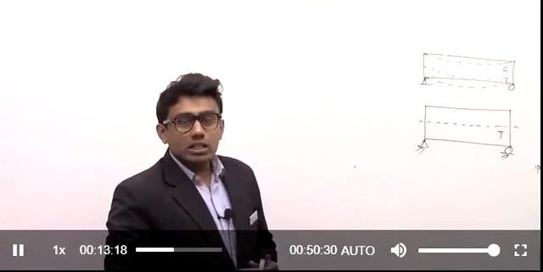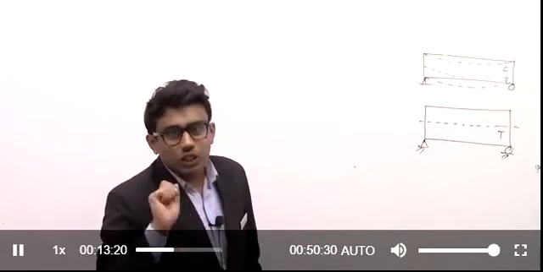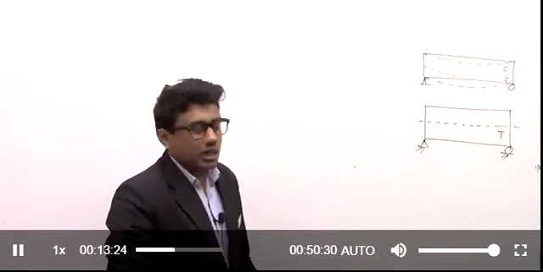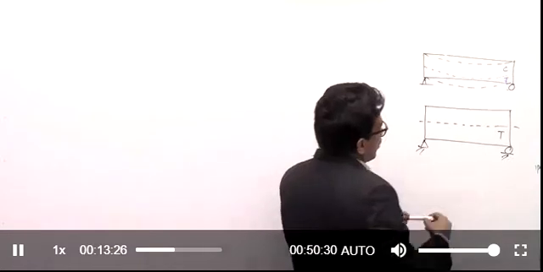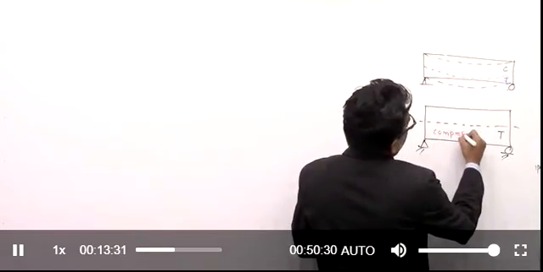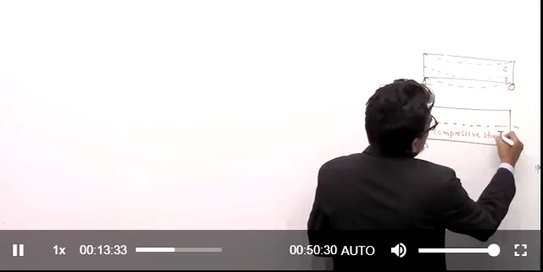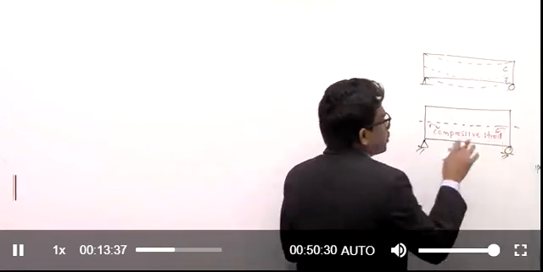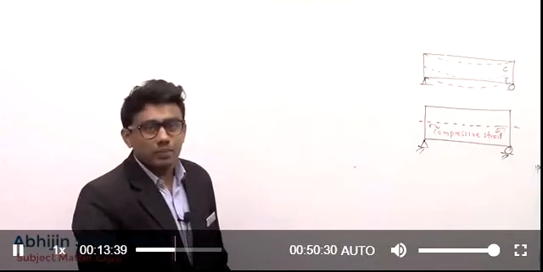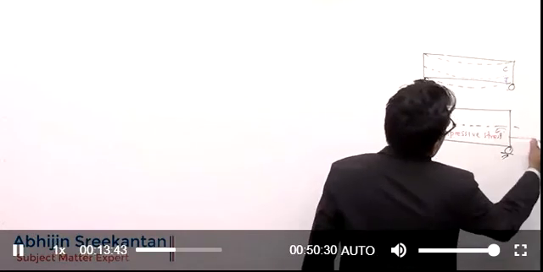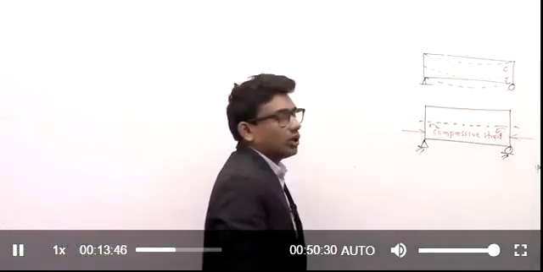Then what I am going to do is, before the application of the load, listen. Before the application of the load on this beam, I am going to give some compressive stresses to the beam. I am going to induce, or store, some compressive stresses in the beam initially.